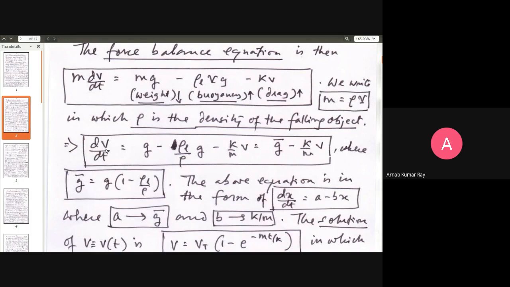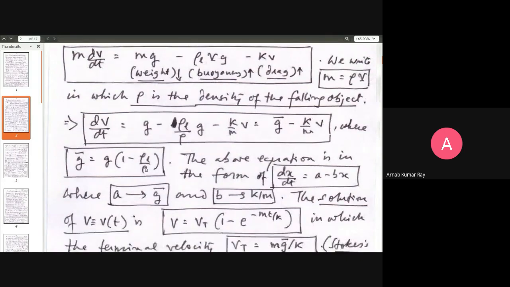So you have dv/dt is equal to g, rho L, rho are constants, minus k by m into v. So this whole package, all these additive constants, I'm writing as g bar, where g bar is equal to g into 1 minus rho L by rho.